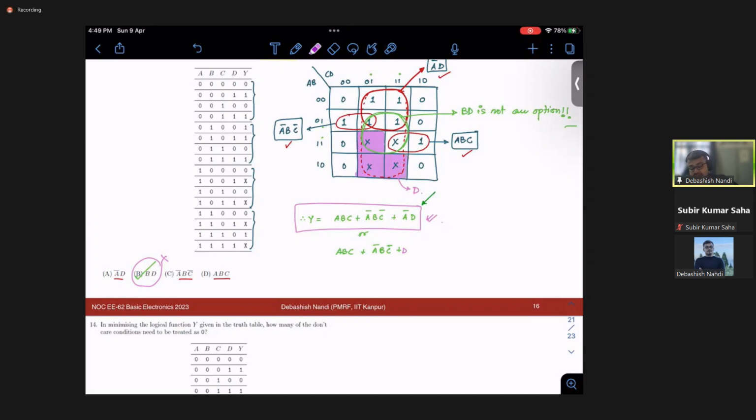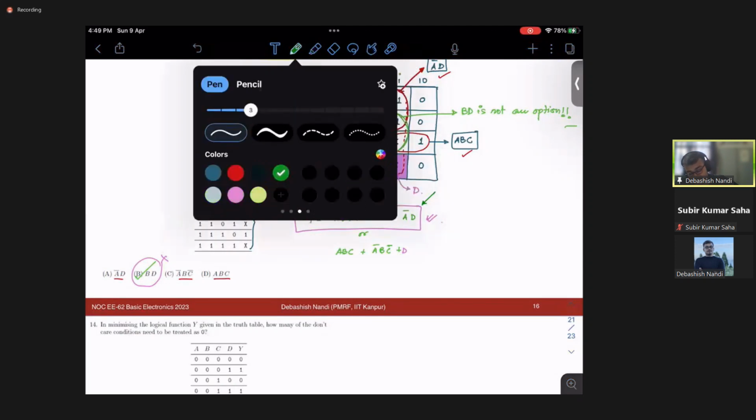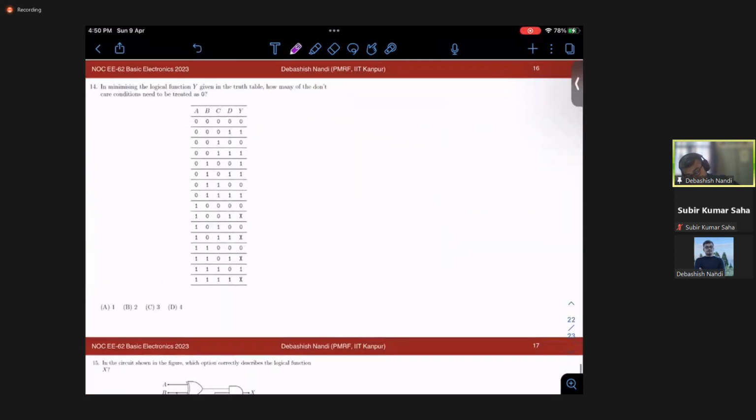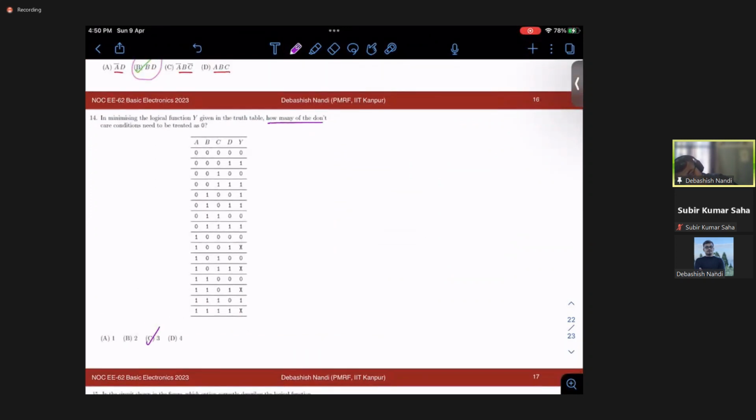So this can be treated as zero also, right? These three don't care terms can be treated as 0, right? So your answer would be 3. How many they are asked? So 3.